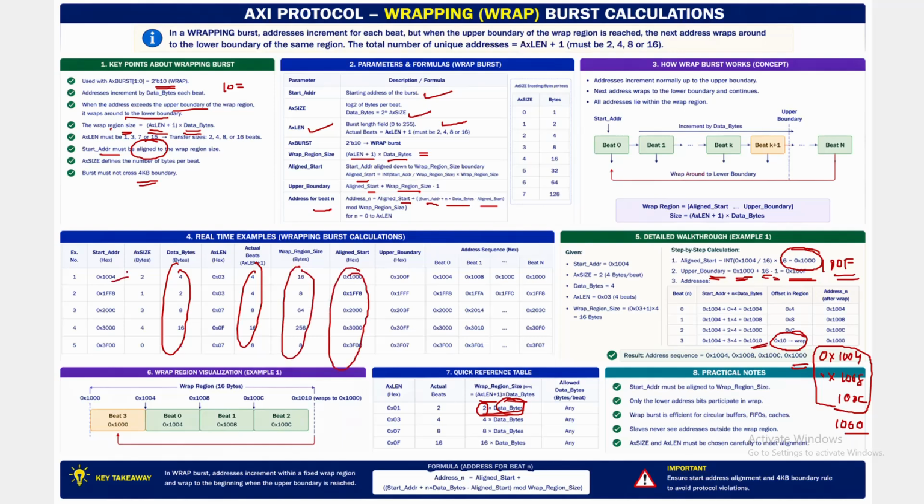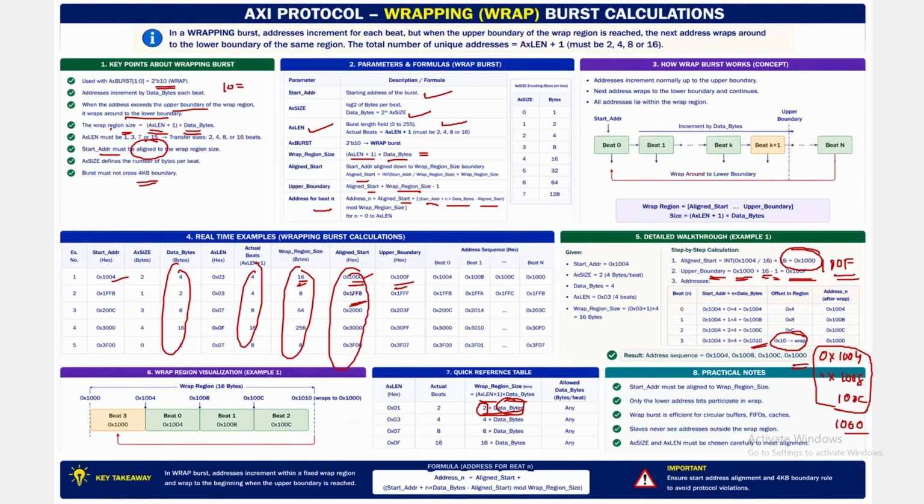So up to this 1004, aligned address is 1000, and then 1ff8 is the aligned address, that is the aligned data only, so it is divisible by 4. Then 1ff8 is the aligned start, then the upper boundary. Whatever the 1000 is there, and then the wrapping boundary minus 1, we will get the upper boundary value.